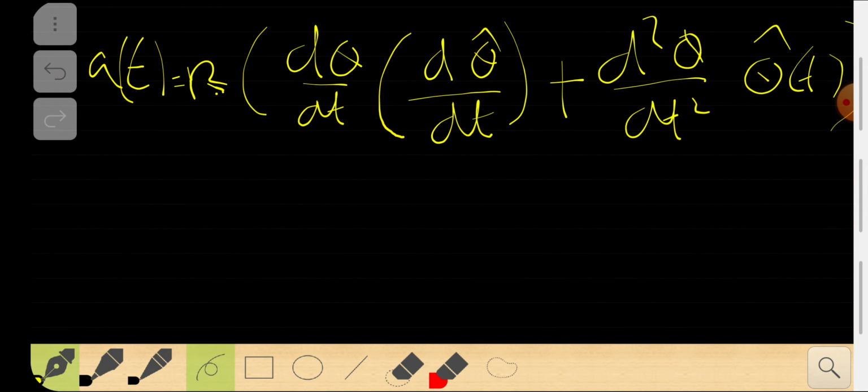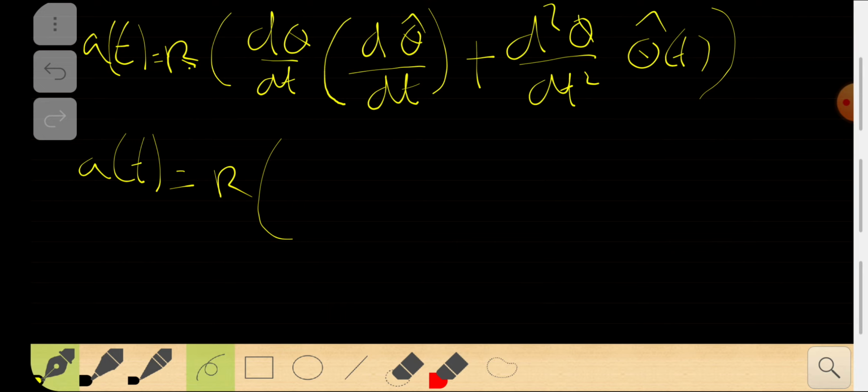Now let's simplify, let's do the actual thing. So a of t must be equal to r times, let's do it correctly now. Let's write this first, that's easier.